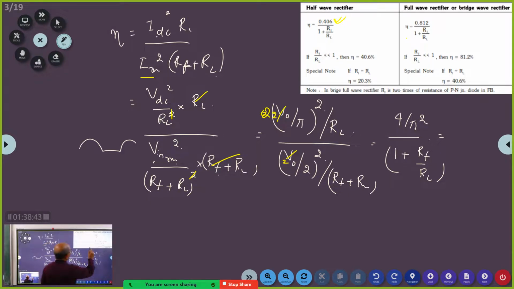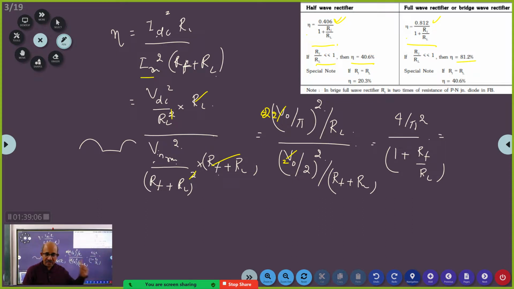So you will get 0.812. What I am trying to tell you is the efficiency of half wave is this, and the efficiency of full wave is this. If RF is very much less than RL, then the efficiency of a half wave rectifier is only 40%, and the efficiency of a full wave rectifier is 81.2%.